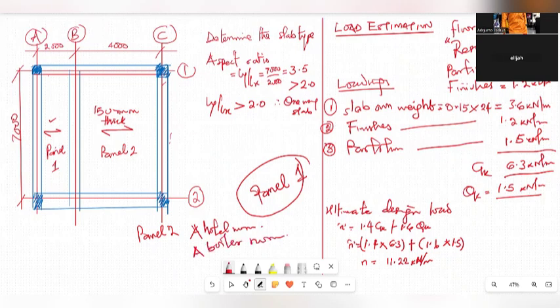The third one will be for, let's say, a stadium. So I need the loadings for these three floor usage classes, I mean, slab usage, floor usage. All right.